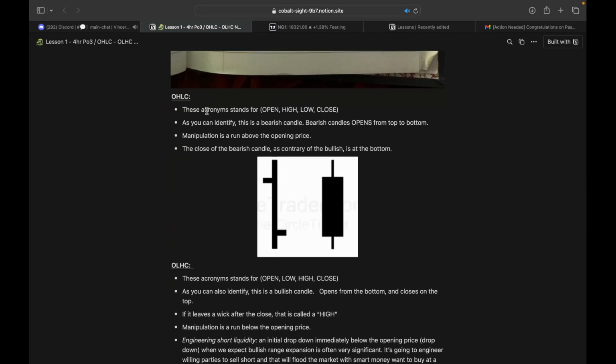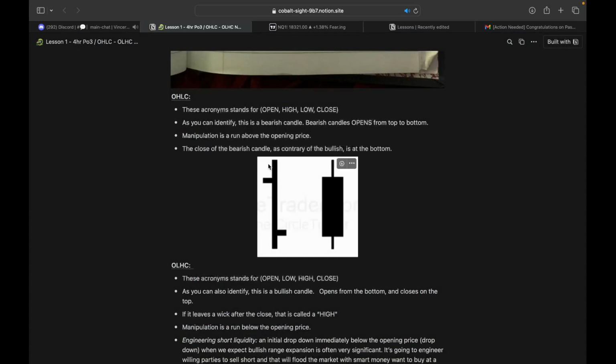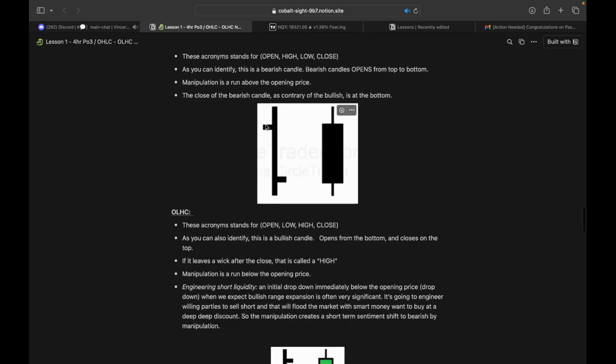So, OHLC, these acronyms stand for open, high, low, close. And this is in reference to a bearish candle, and you'll see this in the ICT teachings. So, open on the left side for a bearish candle: open, high, low, close. Pretty simple. Manipulation is a run above the opening price.